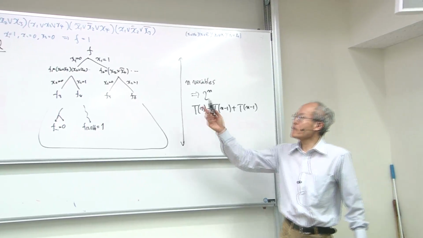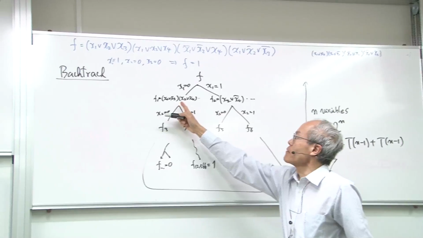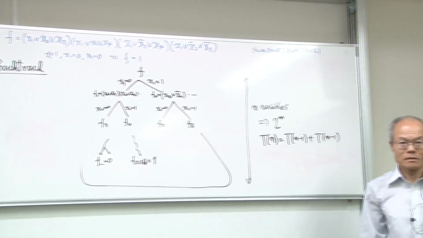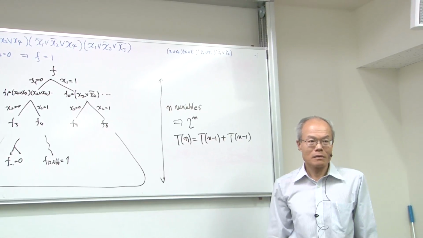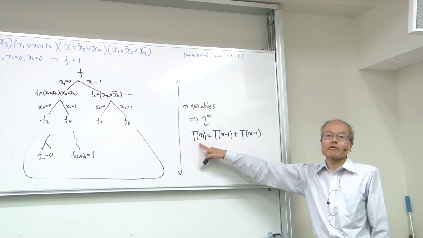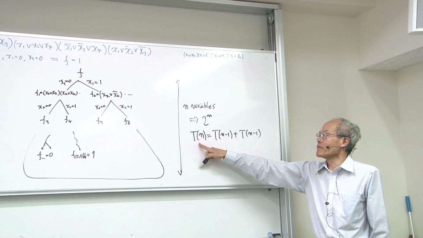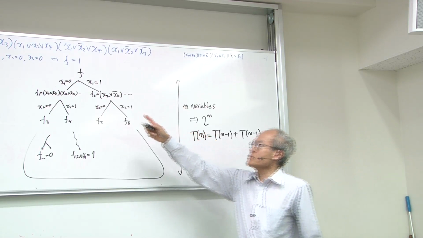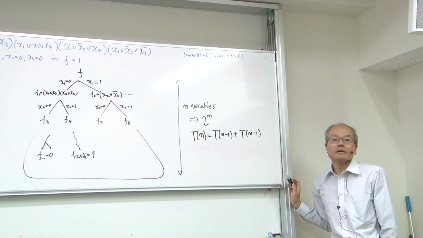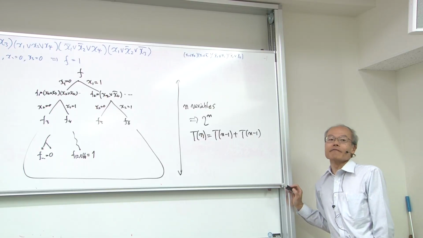Why? This is T of n. Then this formula and this formula have exactly one variable less, so that's why it's an n variable formula. The computation time of an n variable formula is 2 times the computation time of an n minus 1 variable formula.